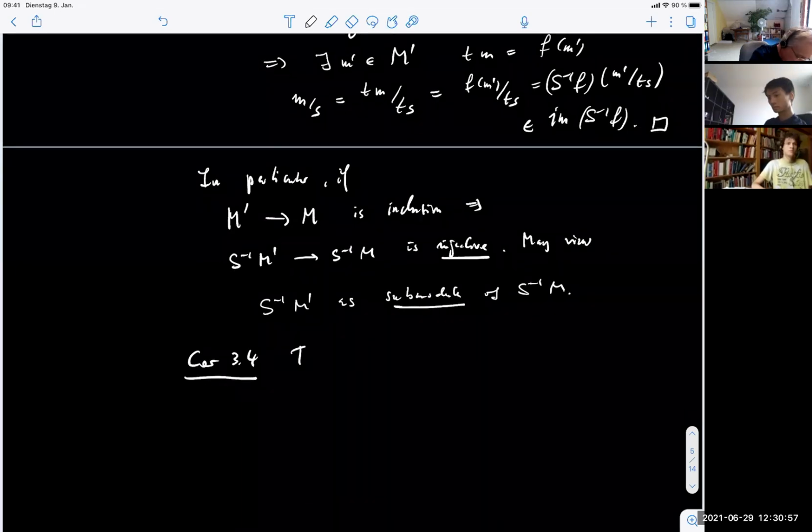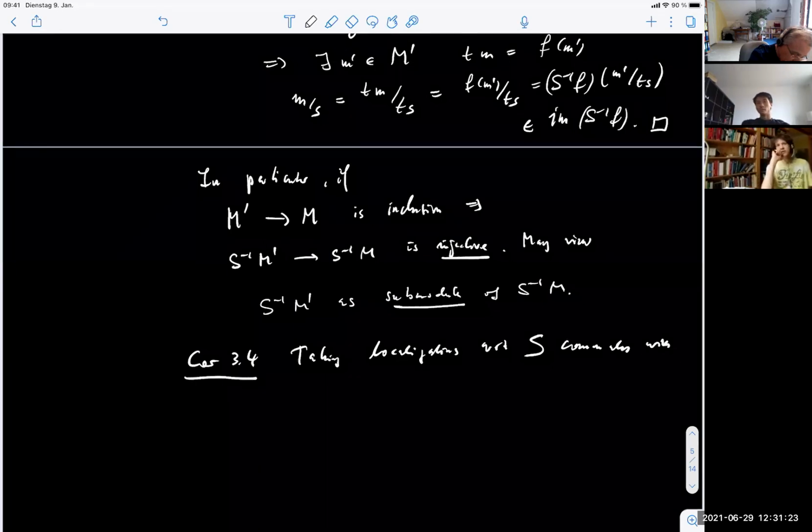So taking localizations with respect to S commutes with finite sums, I could also say direct sums, also with finite intersections and quotients.